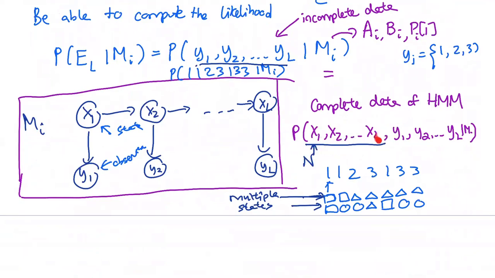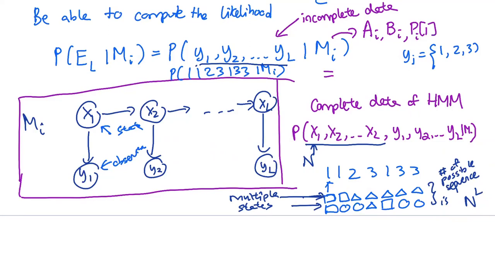But if L is like 500 and N can take on like 20 different values, then you start having problems, because the number of possible sequences you will have to sum over is N to the L. And anytime you have numbers to some power, this thing can increase dramatically very, very fast.